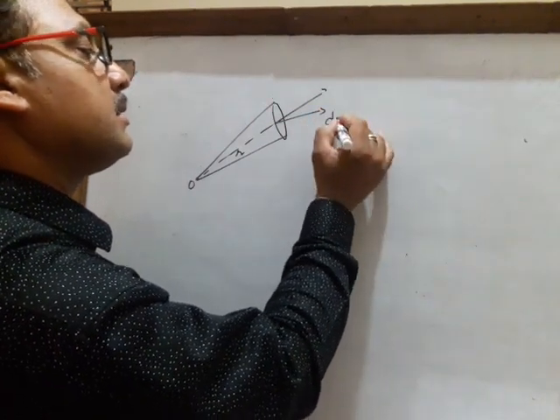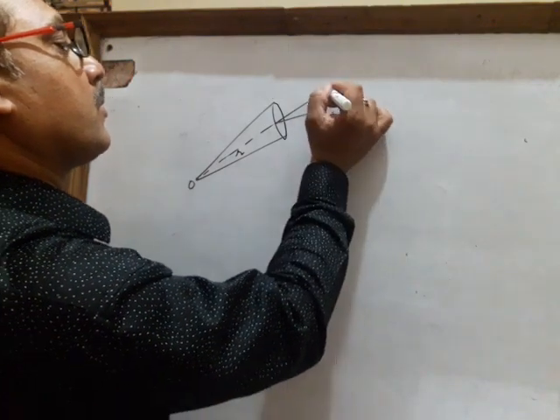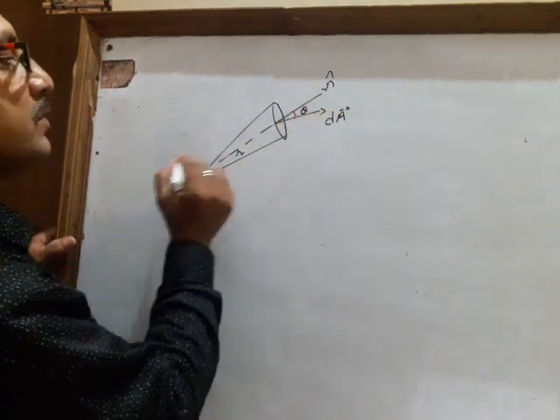This is dA, and this is n cap. So this is angle theta.